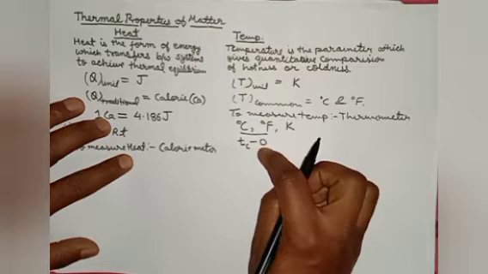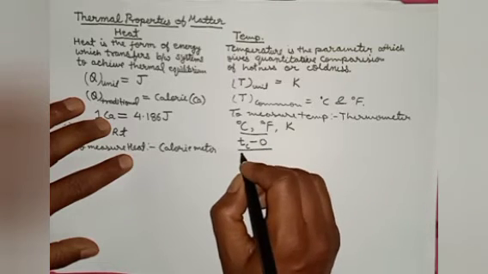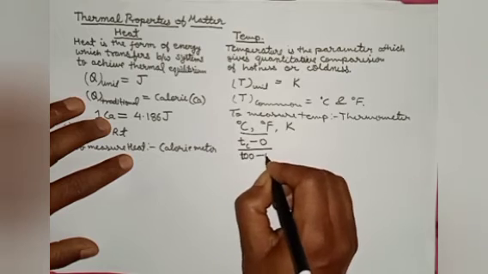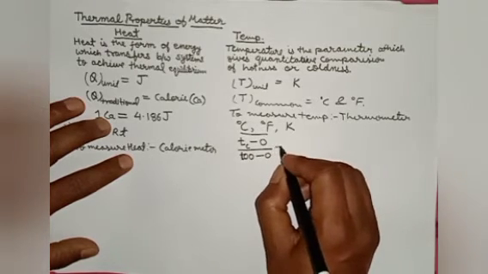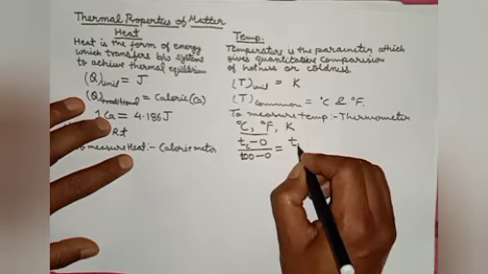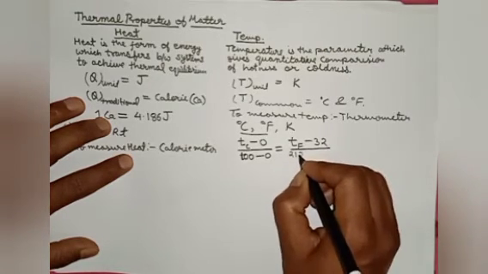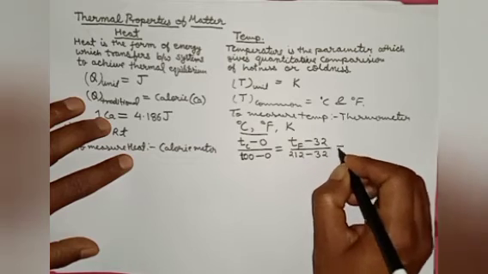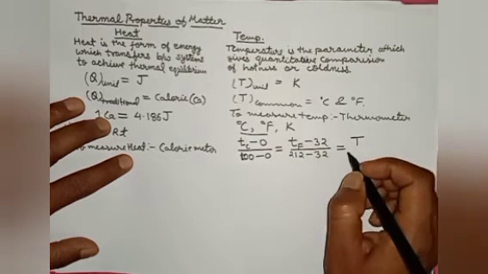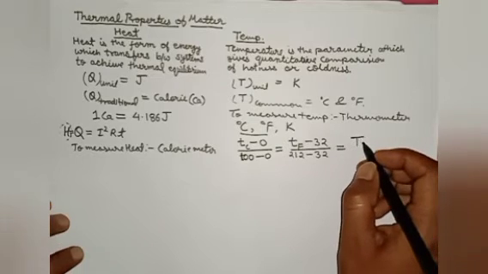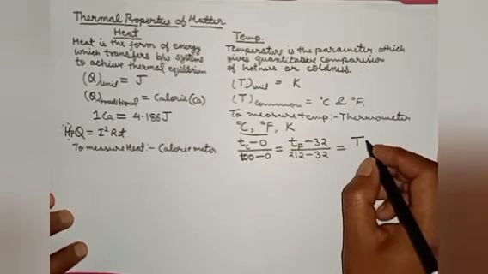Tc minus 0 upon 100 minus 0. What is this? I will explain later. Tf minus 32 upon 212 minus 32. For Kelvin temperature, which is also called absolute temperature, we have to use the symbol capital T only.